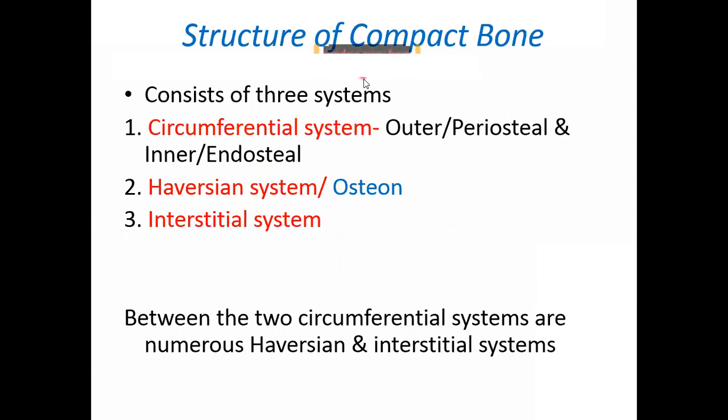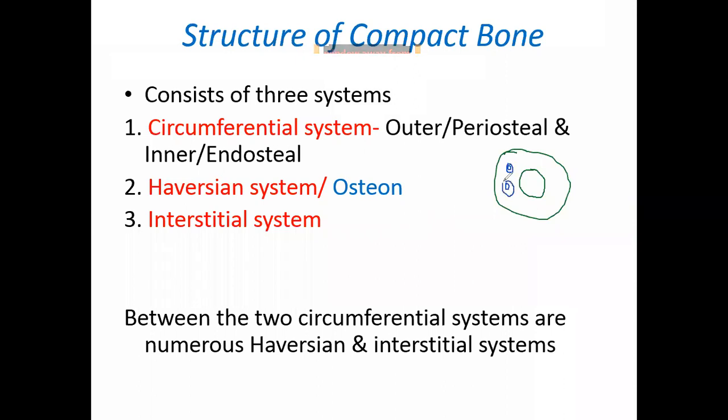The circumferential system is the outer periosteal, and then you have the inner endosteal. In between, you have the Haversian system.